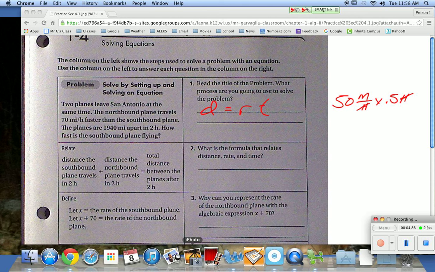They cancel each other out. What am I left with? Miles. What's 50 times 0.5? 25 miles. So we're using our distance formula to figure this out. What is the formula? Well, it's distance equals rate times time.